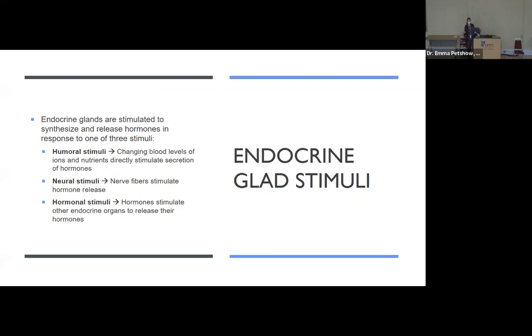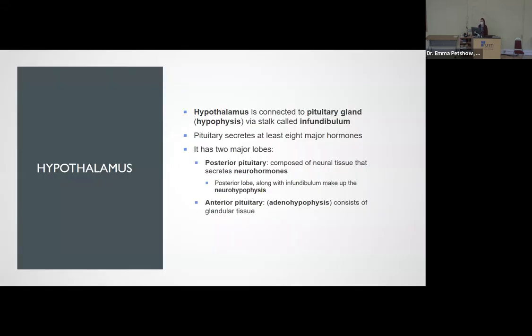Neural stimuli, nerve fibers actually stimulating the release, especially important for our neurohormones. And hormonal stimuli, hormones that stimulate other endocrine organs to release their own hormones. So one hormone stimulates an endocrine organ to release another hormone. Those are your three major ways of stimuli through the endocrine system.